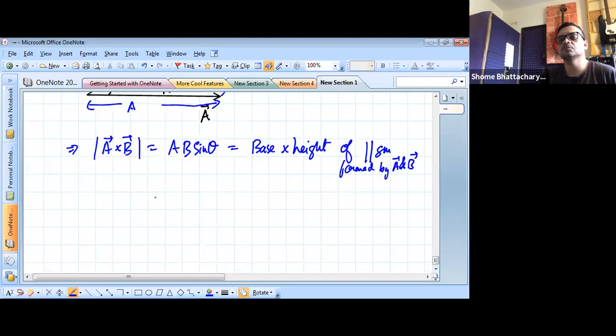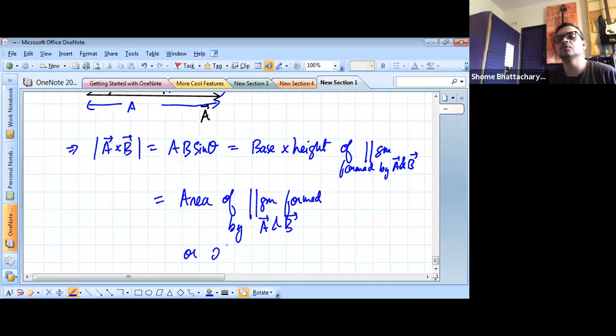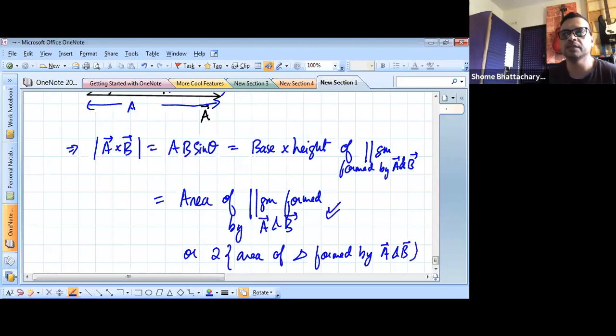So it is the area of the parallelogram formed by vectors A and B. Or you can say that it is double the area of the triangle formed by A and B. But a better way to remember it is that it is the area of the parallelogram formed by A and B.